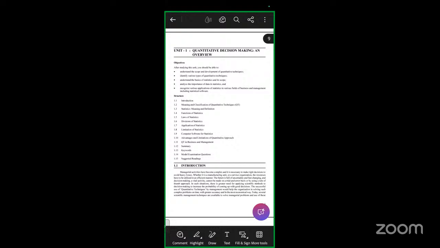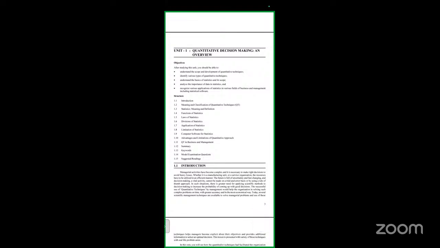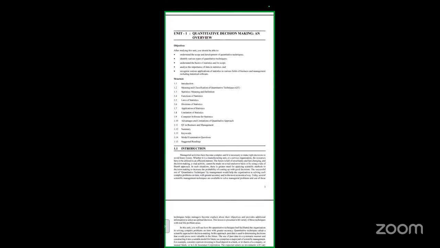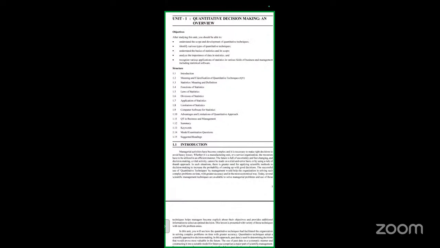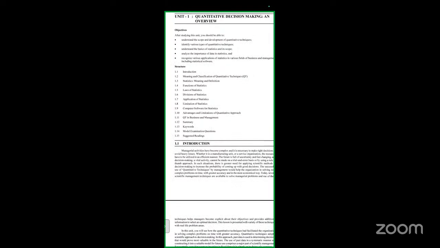What is meant by quantitative decision making and overview? What is meant by that?